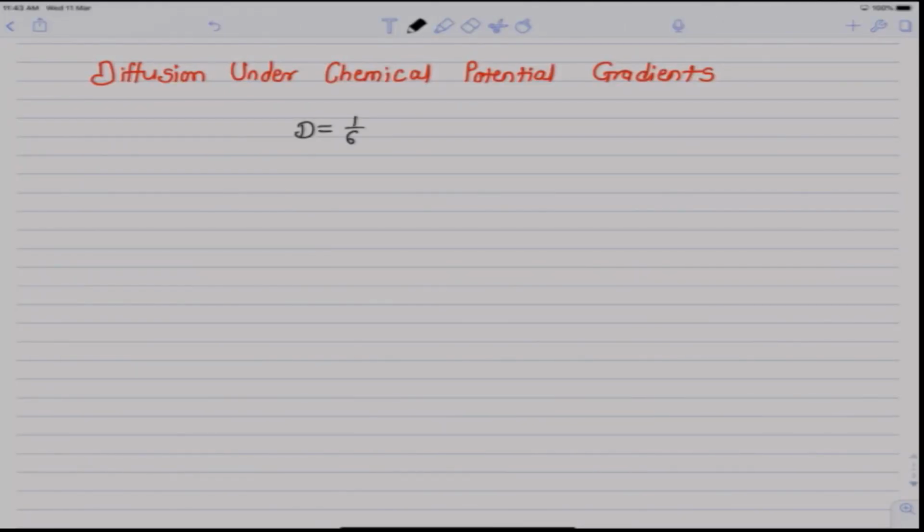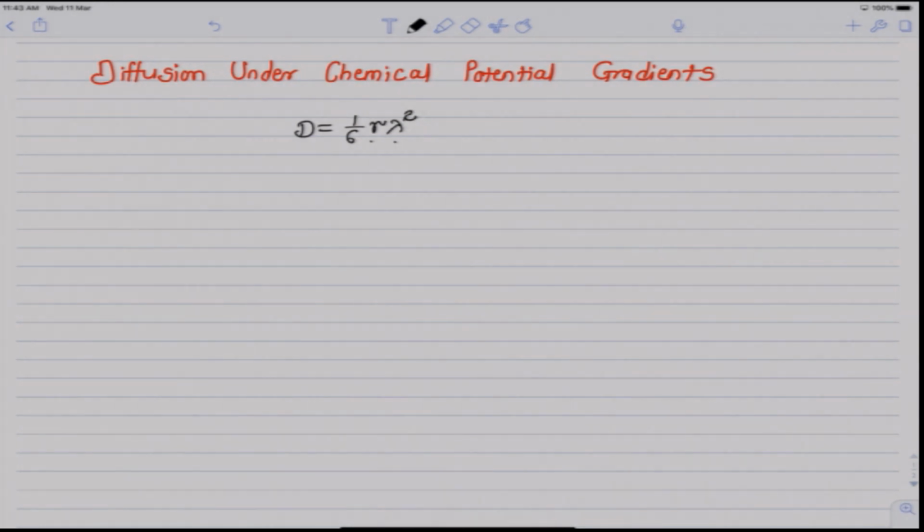We have seen the expression for diffusivity, D equal to 1/6 gamma lambda square, in which gamma is the successful jump frequency of an average atom and lambda is the jump distance. The jump frequency term gamma involves two types of contributions.